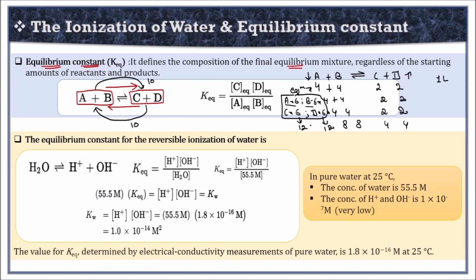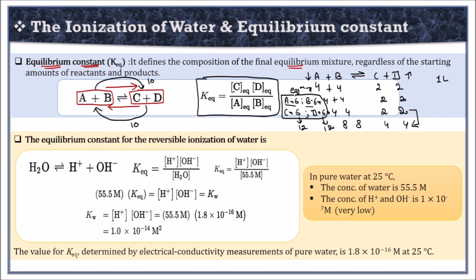So you can see that by changing the initial amount, the concentration at equilibrium is changing. But we can see that the ratio is not changing. Okay, and that ratio is the equilibrium constant, and we determine this ratio by using this formula. Here you can see that K equilibrium is the ratio of the product of products and the product of reactants.